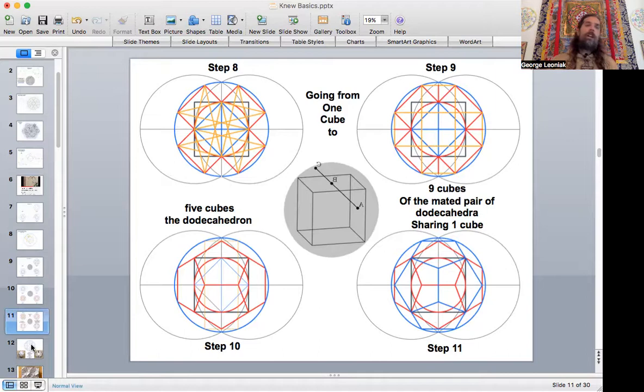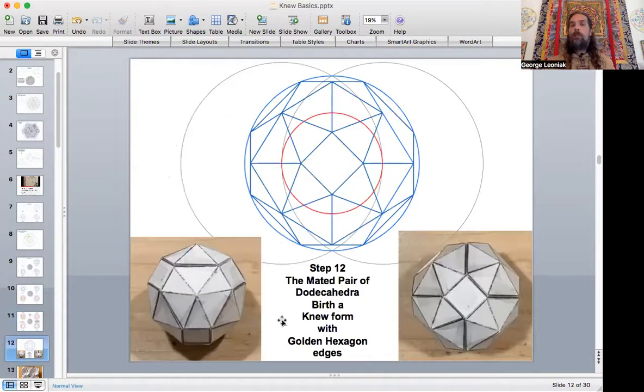But see, this gives rise and birth to a whole new form, because when 2 mated pair of dodecahedron come together, you can connect those 2 vertices and you get a new form with golden hexagon edges. And that's what this looks like. So all the edges of the shared vertices of the compound of those 2 dodecahedron will end up looking like this in the square view.